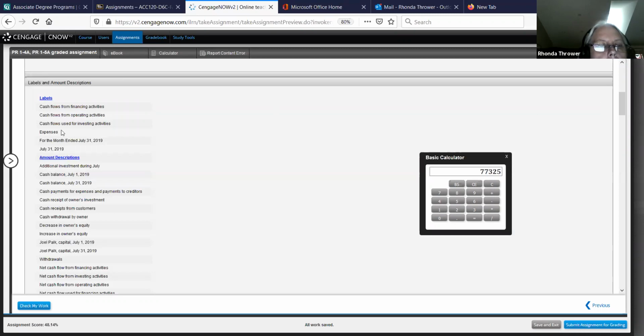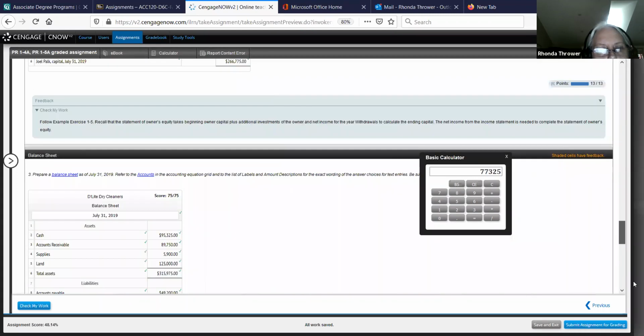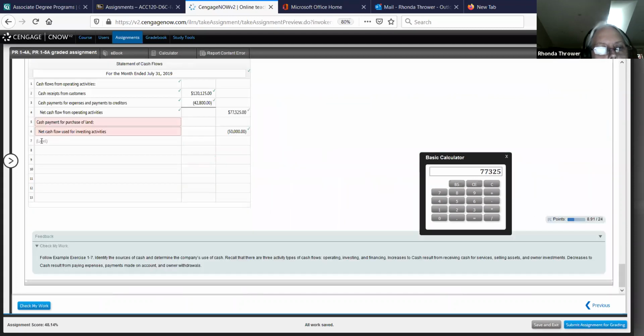And so I'm going to write down that it is the cash flows from financing activities. We'll copy that, and I'm going to paste that in the label right here.